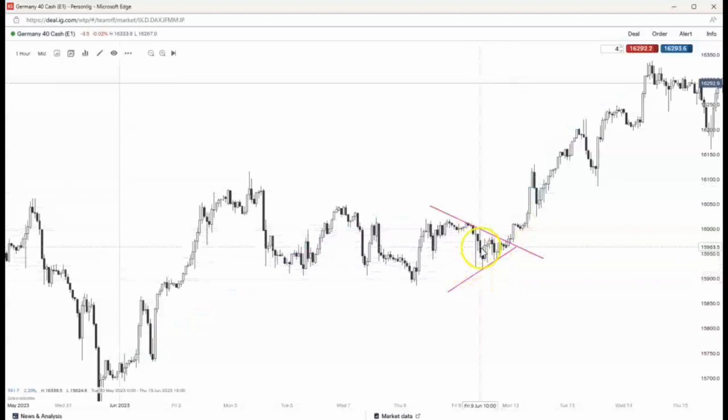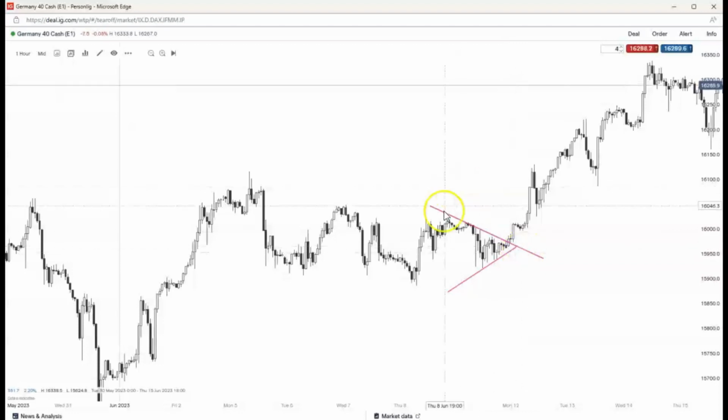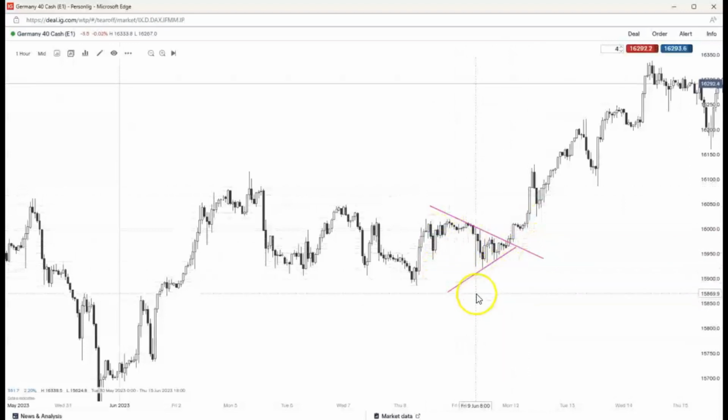And when the market is narrowing in like this, I know that at some point it will break out and we will most likely have big momentum when we break out of this situation, this pattern and this market structure. I don't know whether it will be to the upside or to the downside, but when it happens, it's a good place to get into a trade. And it happened here. So here I would be buying the market.